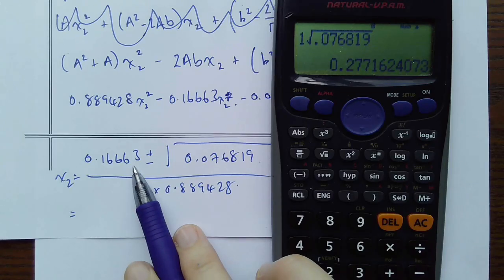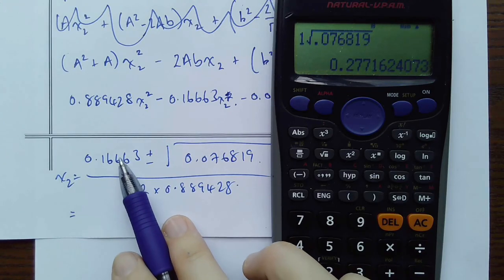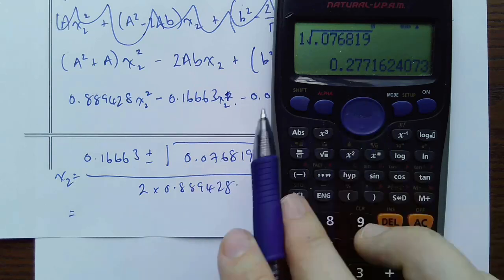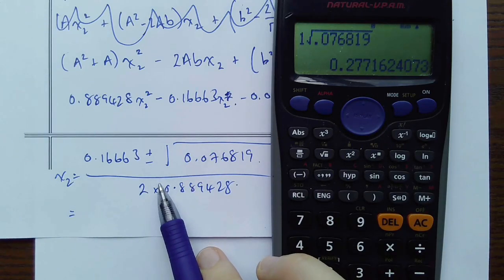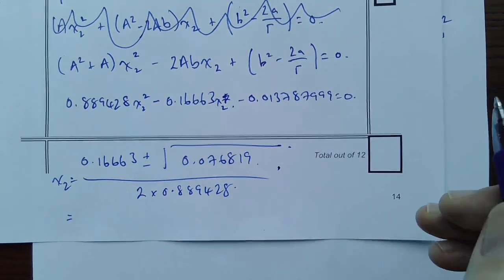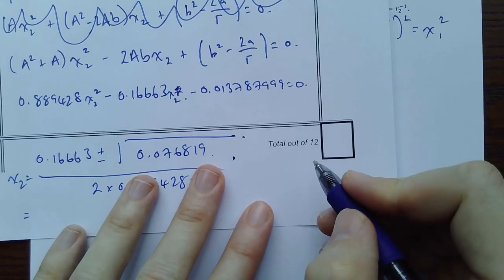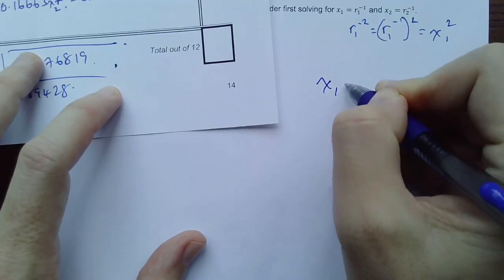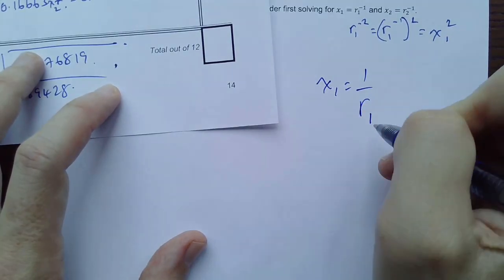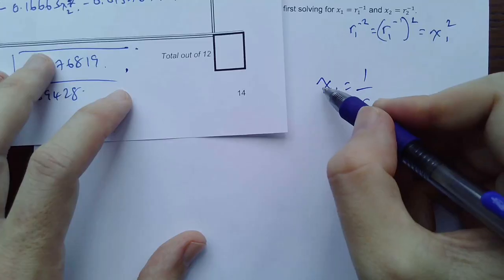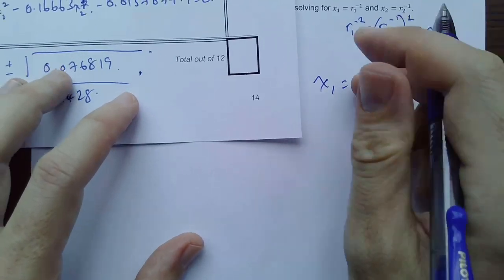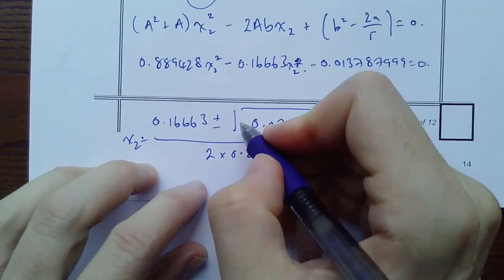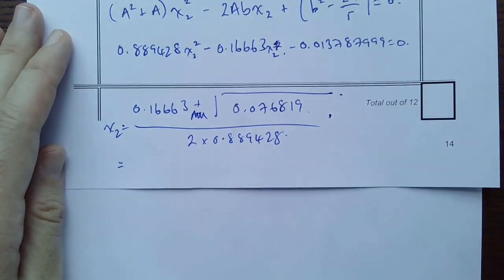Well, at this point it's quite nice, because I can see clearly that if I do this minus this number, I'm going to get a negative number. And seeing as my substitution is x1 equals 1 over r1, I definitely don't want a negative value of x, because that's going to be a negative value of the radius, so I can just ignore the subtraction one here.